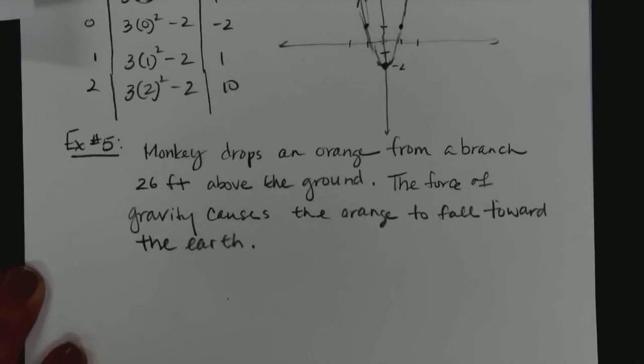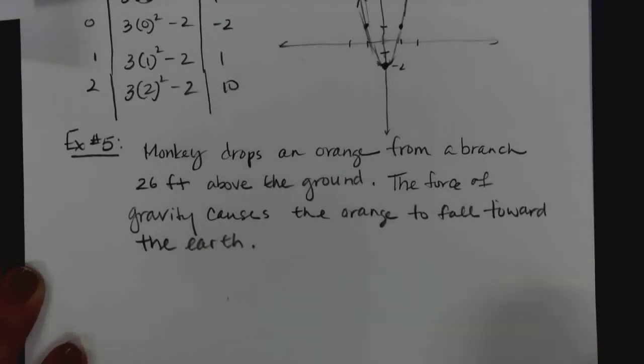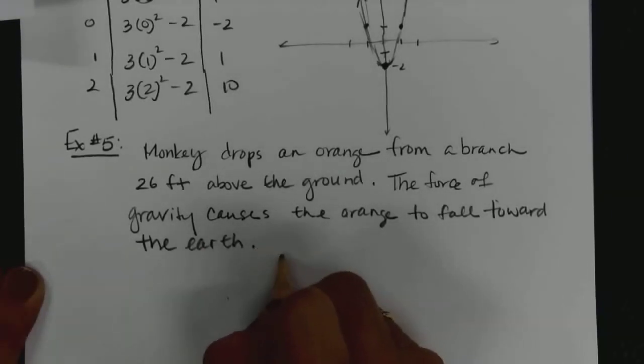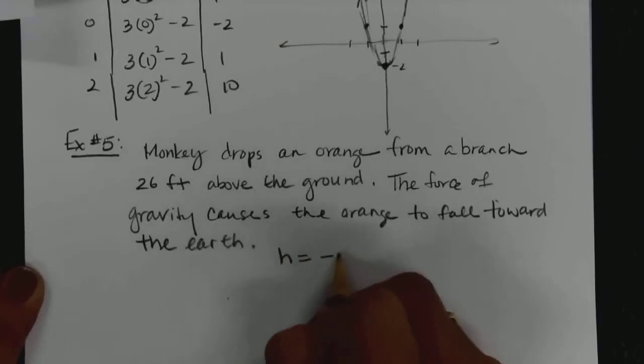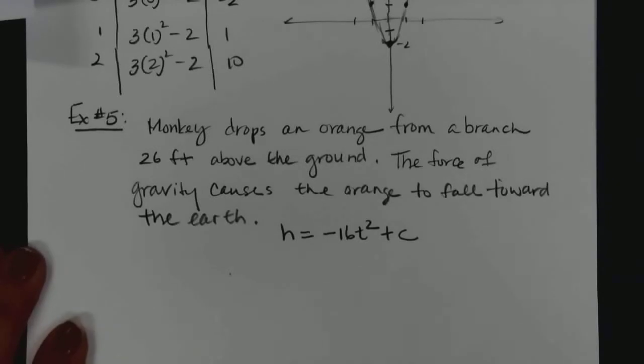When we're dealing with word problems like this, and we're talking about an object that's being thrown up in the air or thrown down to the ground, the equation is given by, ready, H equals negative 16t squared plus C, where 16 is the gravity.